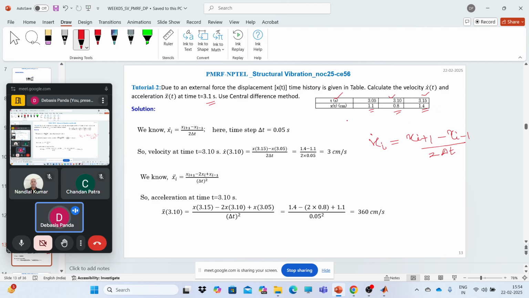Delta t is nothing but t of 2 minus t of 1. From the table you can see the time step is 0.05 second.